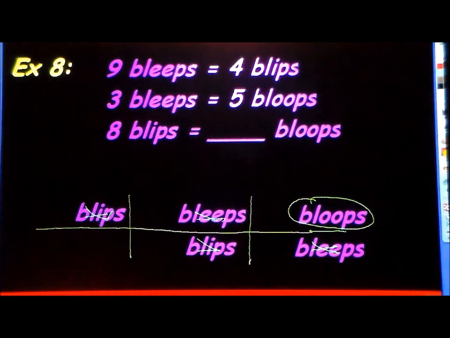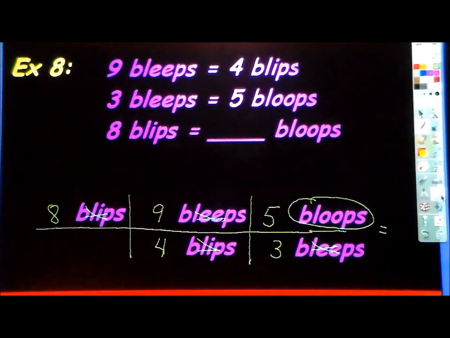Just bear with me. So we're going to put the 8 blips, because that's what we start with. And then the conversion for bleeps and blips, 9 bleeps was 4 blips. And then the bleeps to bloops, it was 3 bleeps is 5 bloops. So now, what do I have? Well, let's pull out a calculator.